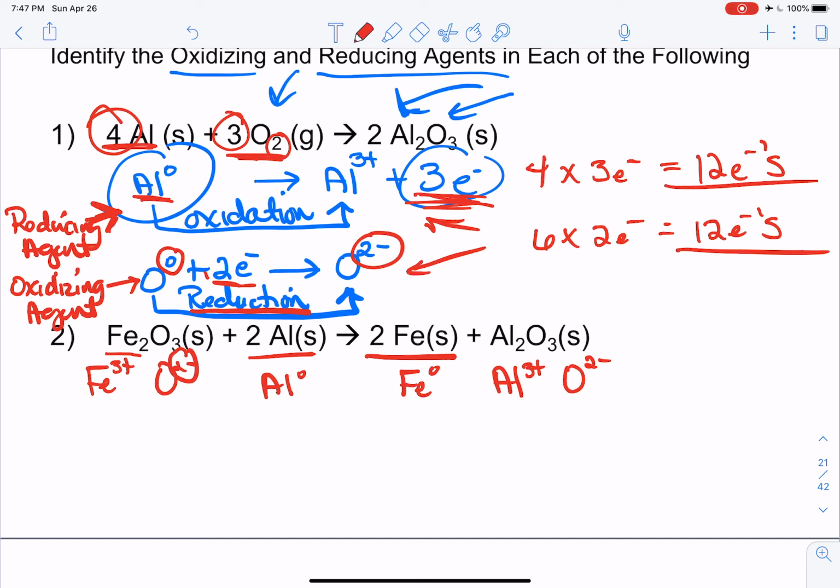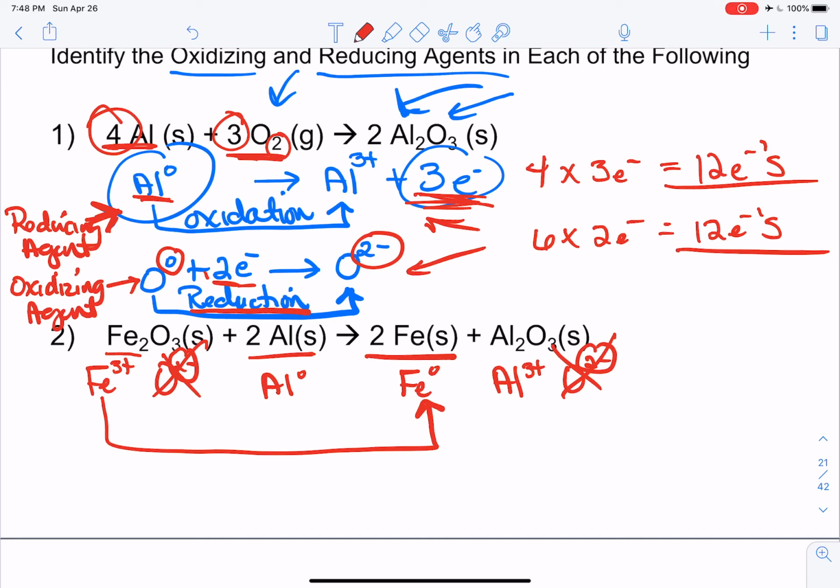Now notice that nothing happens to the oxygens. Oxygen goes from -2 to -2. So we're going to leave those ones out because they are not being reduced and they're not being oxidized. Okay, it's staying the same. Now let's look at what happens here. We're going to go from +3 to 0 there.